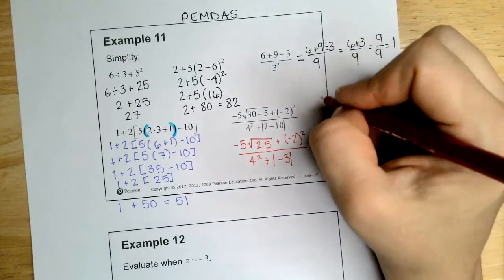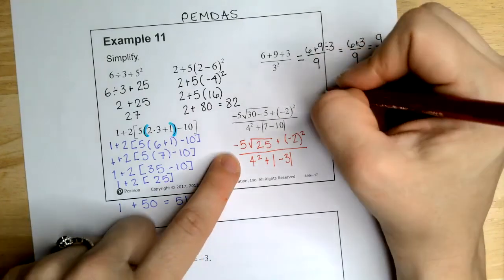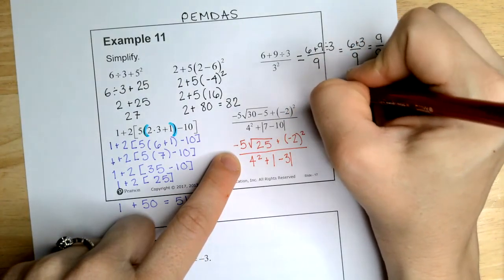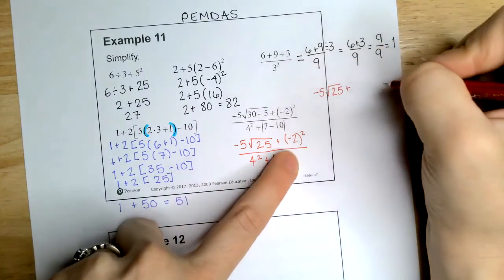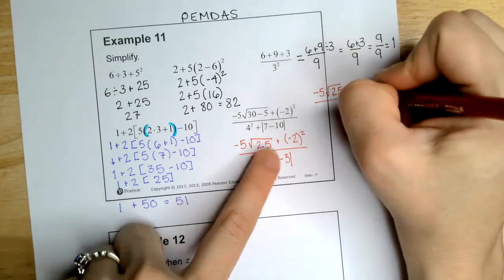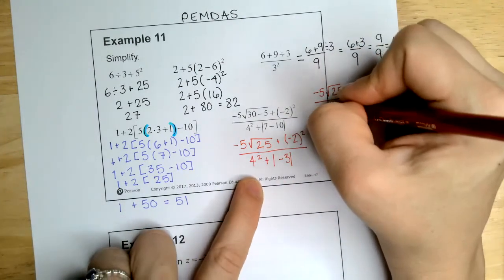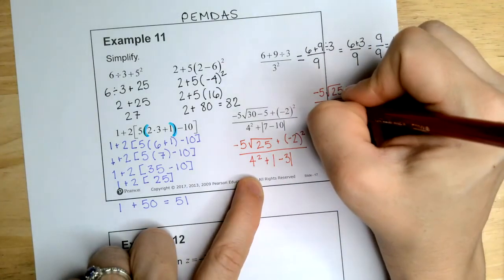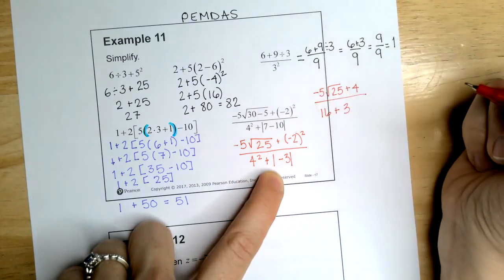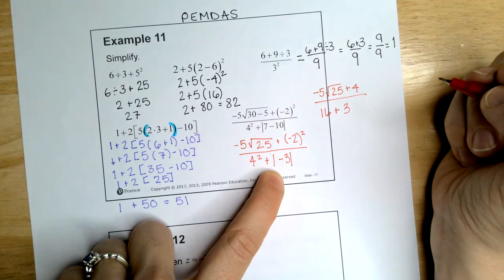Good. I'll then move this up here. -5 times the square root of 25 plus -2 squared is 4 over 4 squared is 16 plus, and I'm going to take it out of the absolute value bar now, 3. Good.